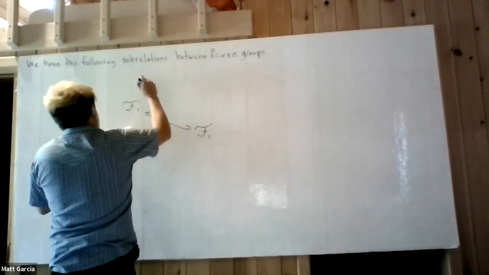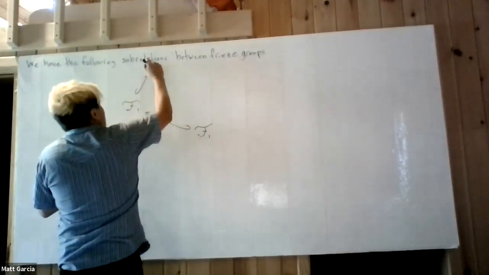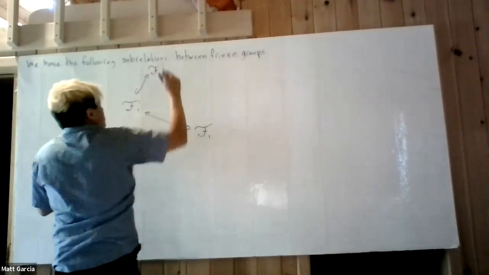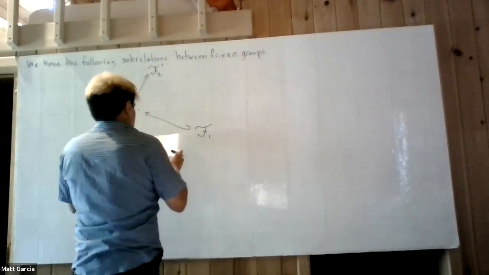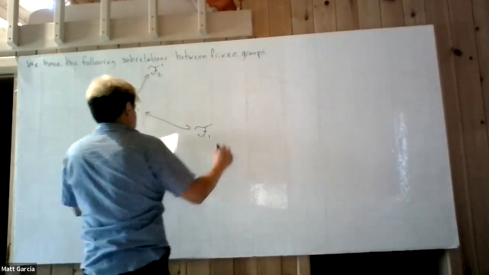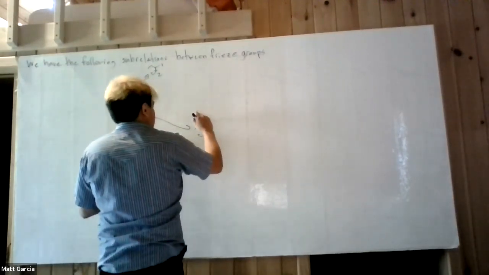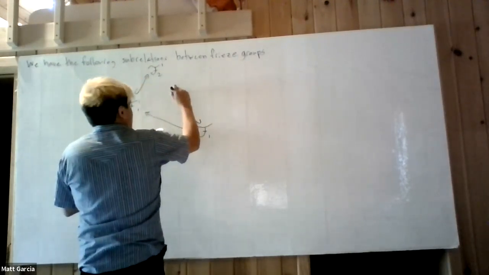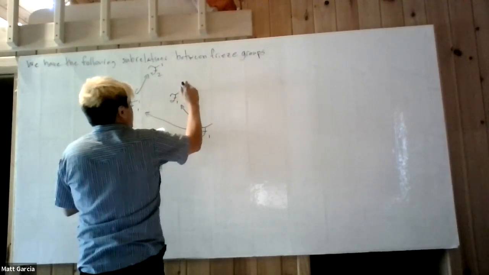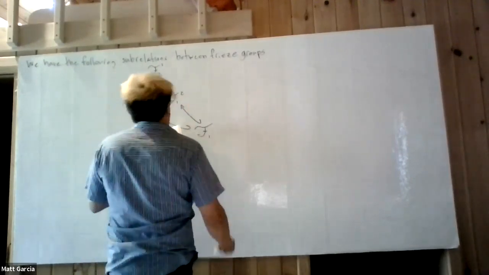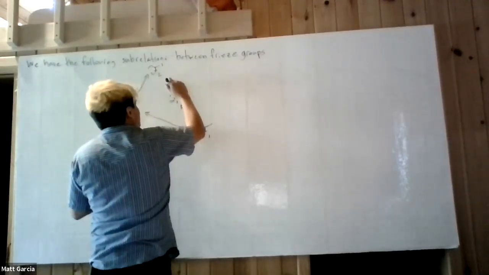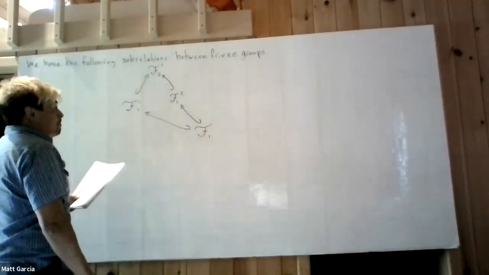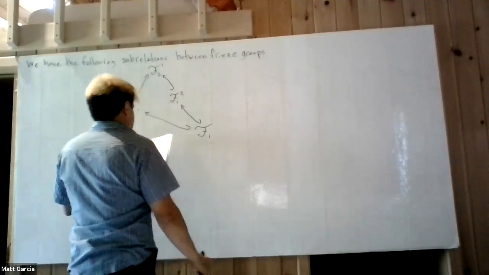F11 is also a subgroup of F21. Okay, now let's go back down to F1. F1 is also a subgroup of F12, which in fact is also a subgroup of F21.